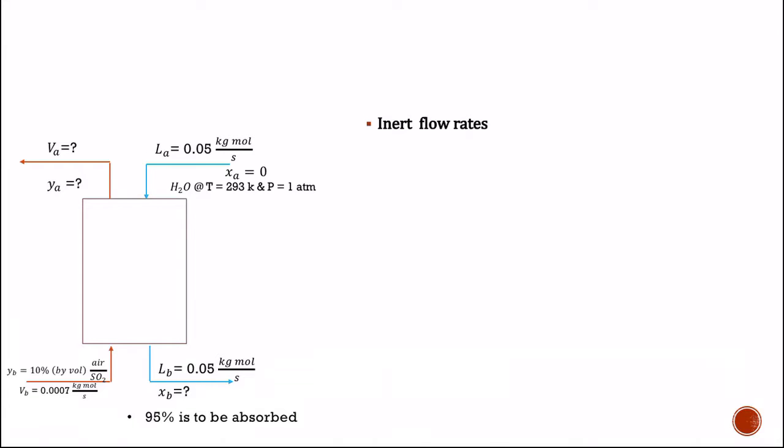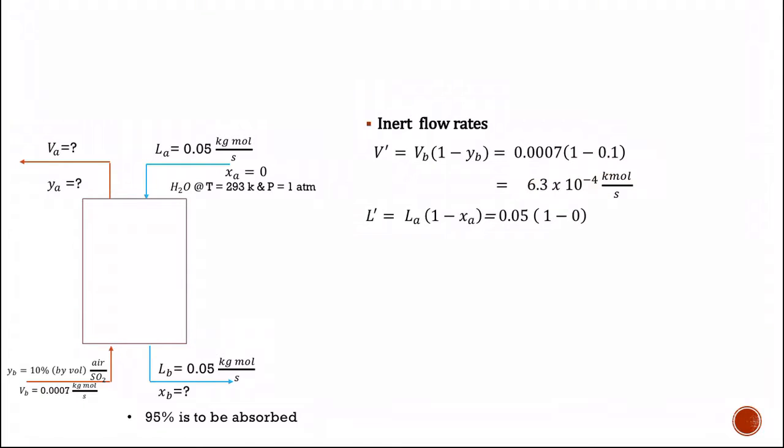For inert flow rates, we have V prime is equal to VB times 1 minus YB. Calculating for V prime, we get 6.3 times 10 to the negative 4 kilomole per second. We will later use these values. L prime is equal to LA times the quantity 1 minus XA, which is 0.05 times 1 minus 0 equals 0.05 kilomole per second.